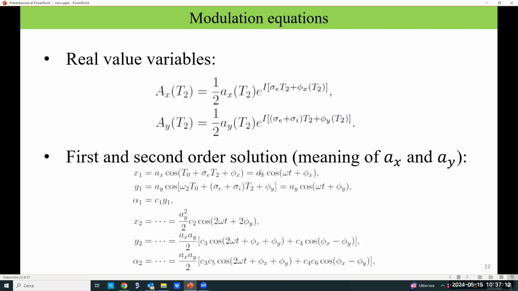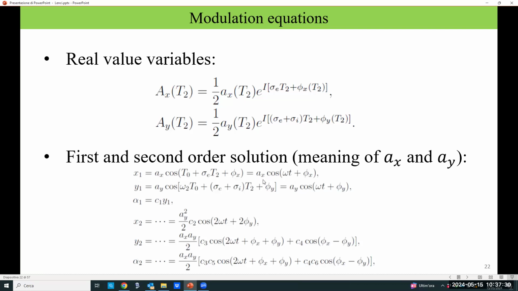You see that ax is really the amplitude of the X1 oscillation and ay the amplitude of the Y1 oscillation, so first order amplitudes, and they appear also in the second order solution, of course, with square behavior, because it is second order.